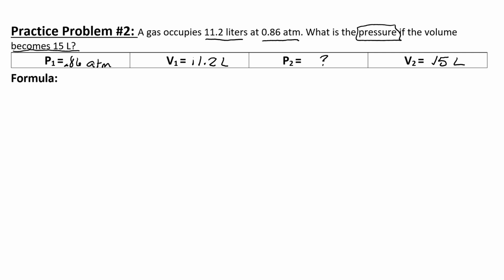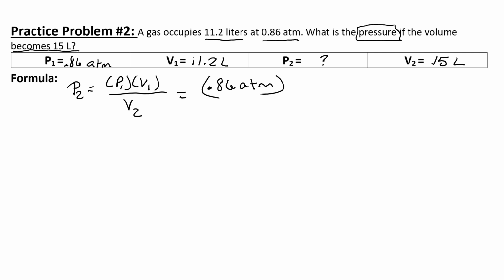So our formula, P2 is equal to P1 times V1 divided by V2. So P1 was 0.86 atm times 11.2 liters divided by 15 liters.